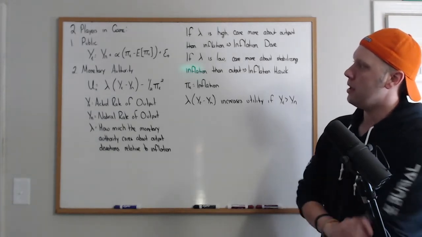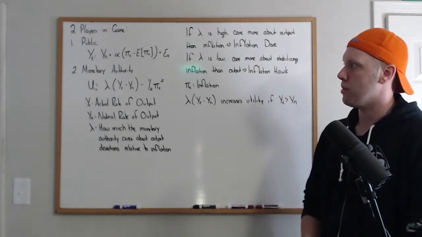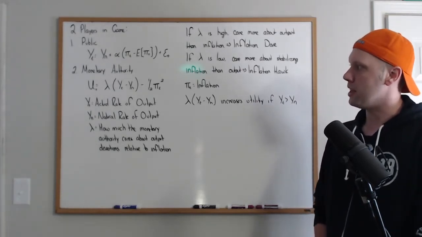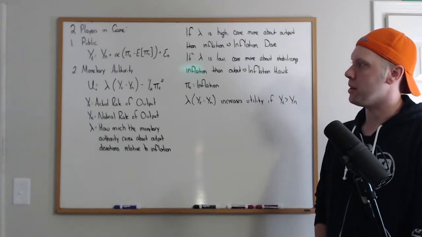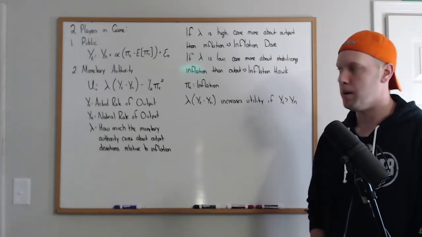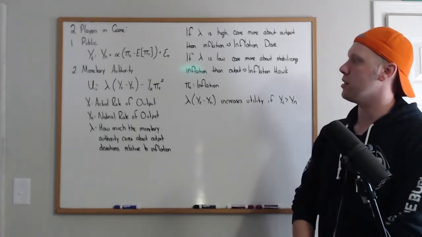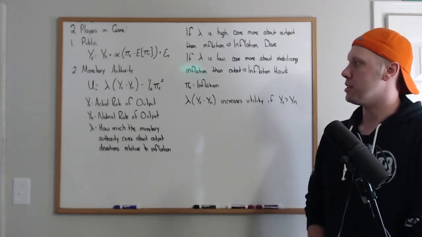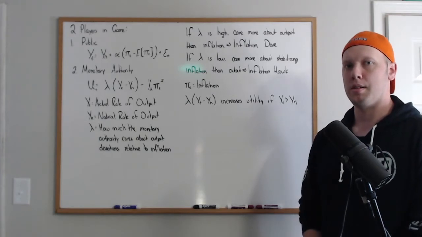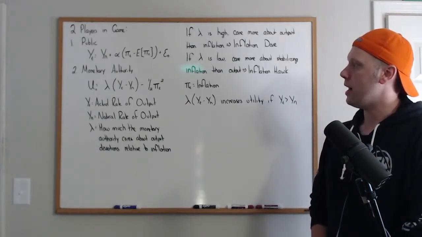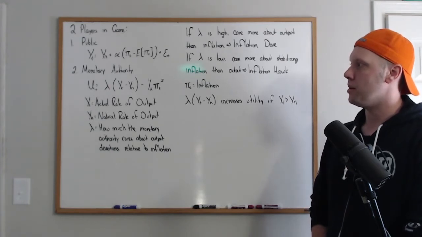So while increases in output above the natural rate increases the utility of the monetary authority, increases in inflation will decrease utility. How do I know that? Well, if we look at the objective function for the monetary authority, we can see that inflation is negative there. It's minus 1/2 pi t squared. So output will increase. An increase in output increases utility.